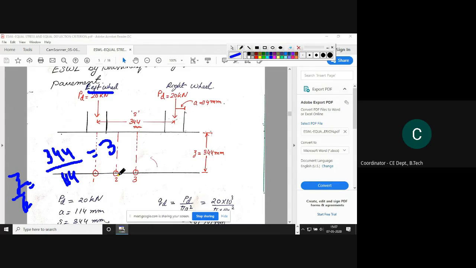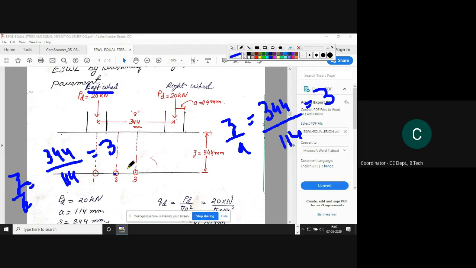Similarly for point 2, what is the z by a value? Again, this depth is how much? For point number 2, the depth will again be 344 only. So the second point is also at the depth of 344. And a is constant for everyone, so a is also constant at 114. So for the second point, we will get 3.